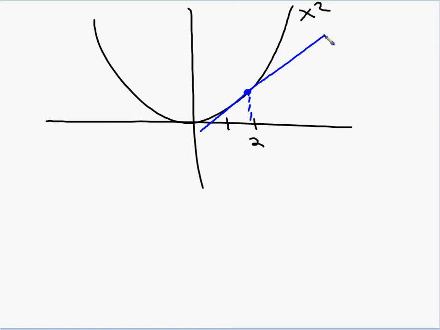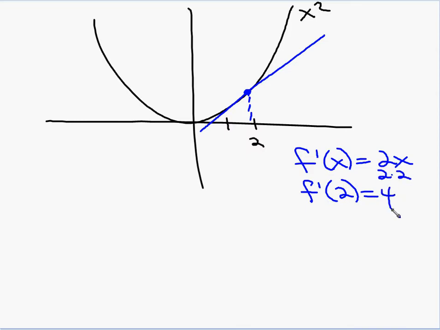Well, once I have the derivative, my derivative is 2x, which is the general slope function, then all I do is I plug in the x value there. F prime of 2 is going to be 2 times 2. Isn't that 4? Everybody follow me? That is the slope of this tangent line right there at that instant.